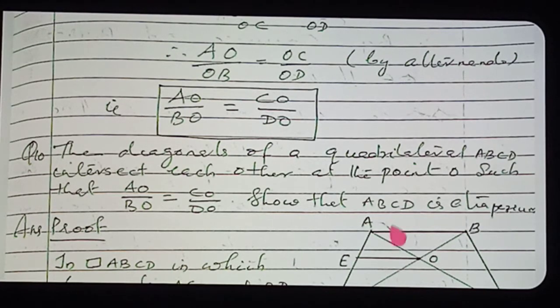We have to prove that quadrilateral ABCD is a trapezium. In the previous rider, ABCD is a trapezium, given. We proved that AO by BO is equal to CO by DO. Here the converse will come. If AO by BO is equal to CO by DO, we have to prove that quadrilateral ABCD is a trapezium. Understood the question? Okay.